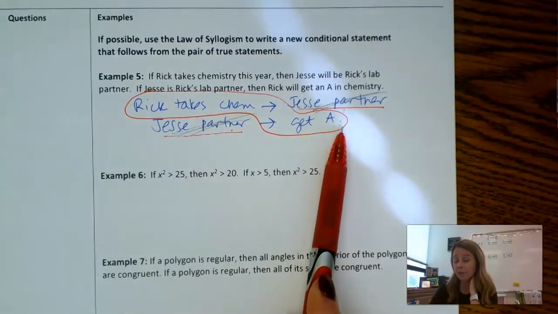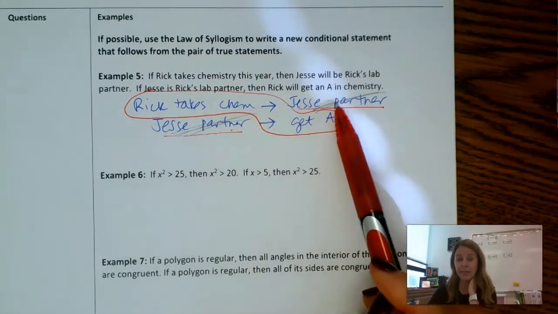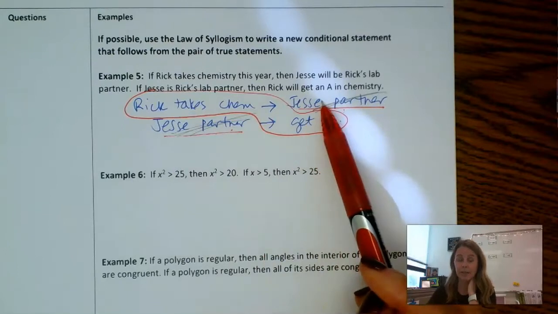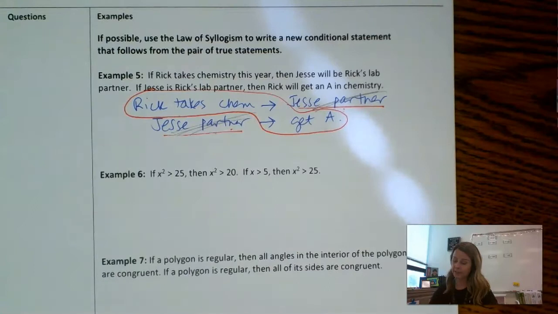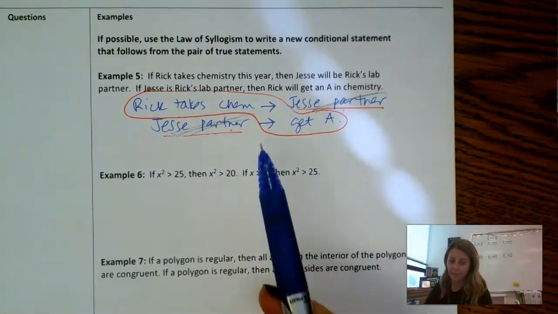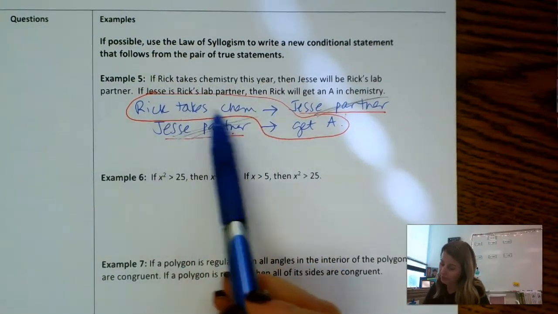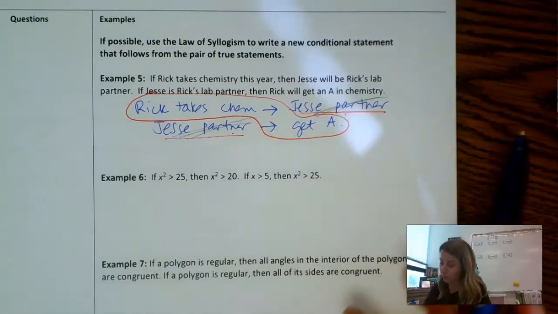So I can use law of syllogism here. If I don't get this repeating hypothesis and conclusion, then I can't use law of syllogism. So I'm going to put this into a new if-then statement and put all the words back in.